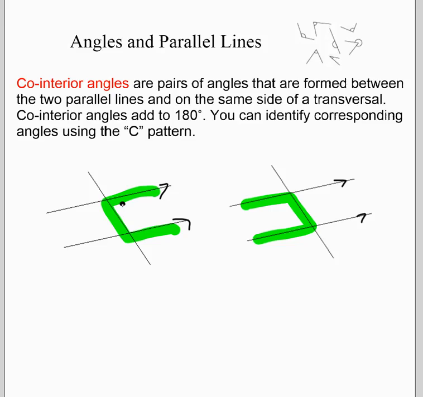The angle here on the inside and the angle here on the inside, so same side interior angles, they add up to 180. So be careful. Two angles that are on the same side interior, or co-interior, add up to 180 degrees. And those are C pattern angles. Actually, I just noticed a typo in this here. That should say you can identify co-interior angles.